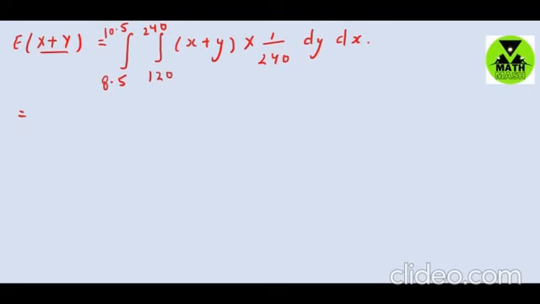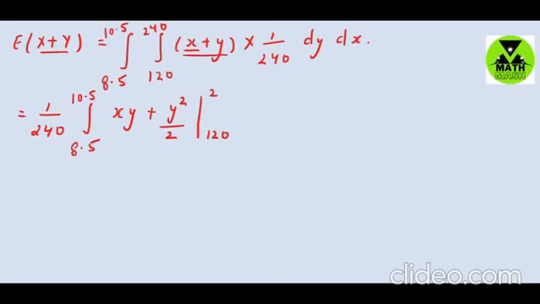Now this is equal to, we can take this 1 by 120 outside. Now integrate this function. So this is the integral from 8.5 to 10.5 as it is, integrate with respect to y. When we integrate, x is a constant, so the integration of a constant function with respect to y is xy, plus the integration of y with respect to y, this is y square by 2, then take the limits as 120 to 240.